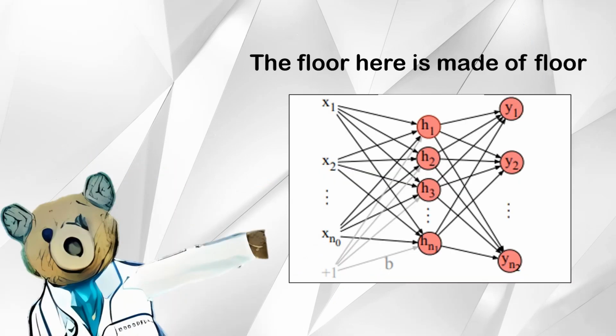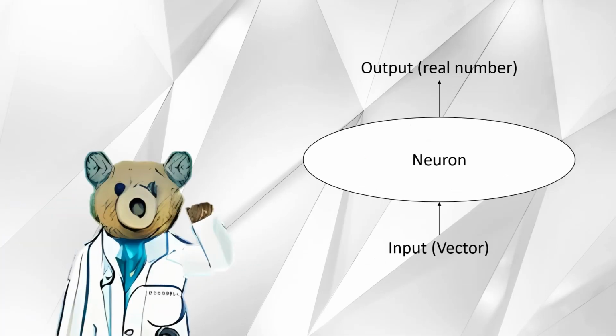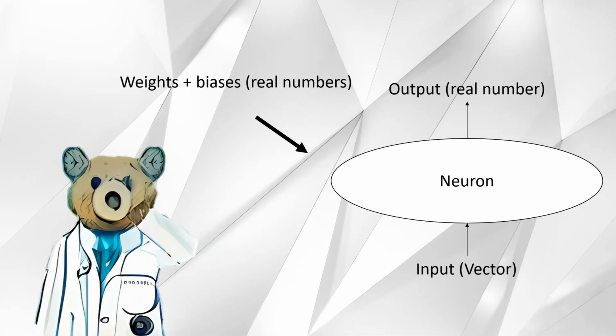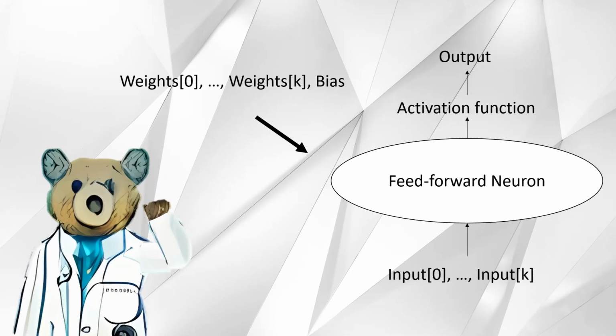Essentially, neural networks can be thought of as networks composed of individual units referred to as neurons. When given some input vector, these neurons will produce an output. They do this using learnt sets of weights and biases. In the simplest type of neuron, a feed-forward neuron, the output calculated will be a weighted summation of each input feature and the bias term passed through a nonlinear activation function.